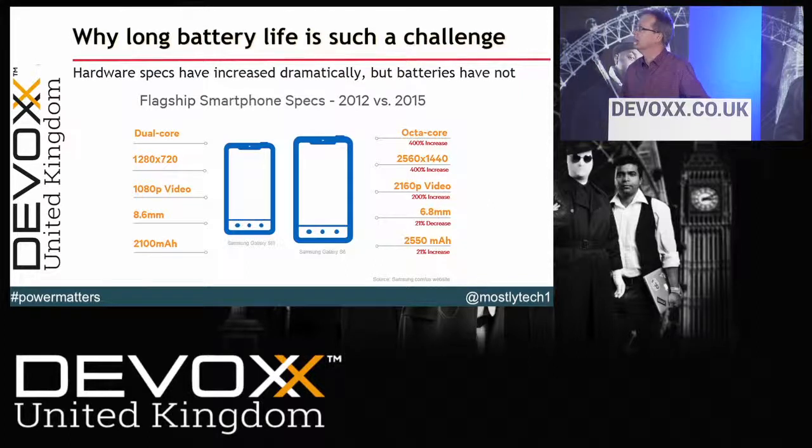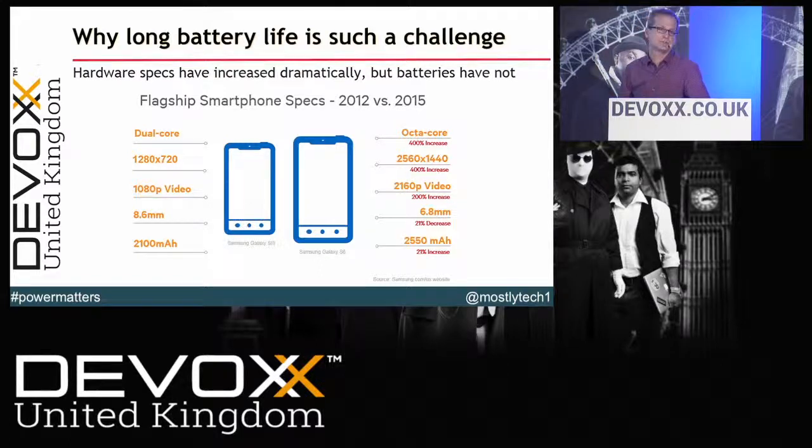One of the reasons why it's such a challenge is we've seen a dramatic difference in the hardware specifications in the last 2 years. 3 years ago, flagship devices had dual-core processors. Today, a lot of them have 8-core processors. 3 years ago, displays were 720p.